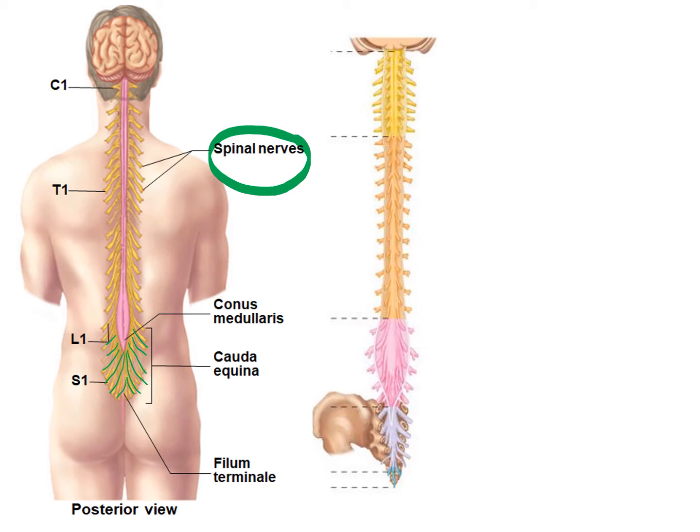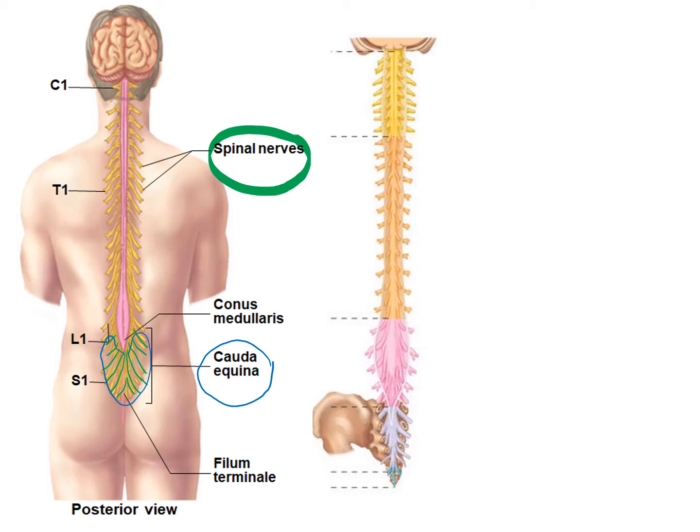Collectively, all of these long nerves that extend off of the inferior end of the spinal cord make up a structure called the cauda equina, which roughly translates into horse's tail, because it kind of looks like the strands of a horse's tail.